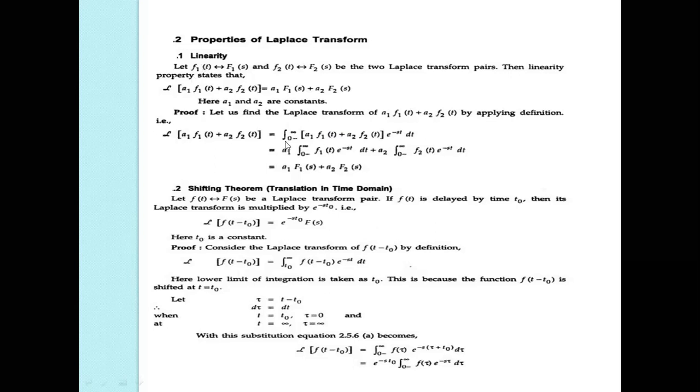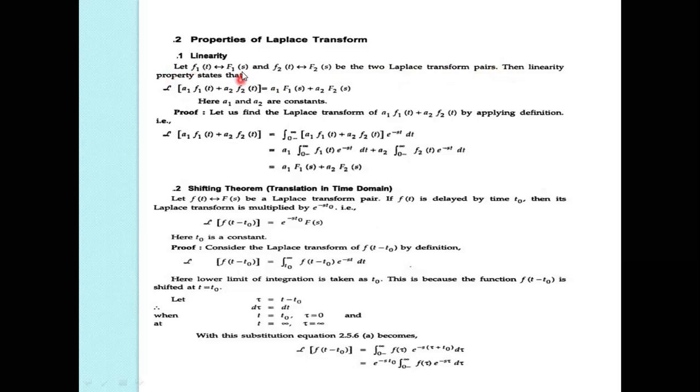What is the linearity property? The statement: f1(t) has Laplace transform F1(s), and f2(t) has Laplace transform F2(s). Be the two Laplace transform pairs.